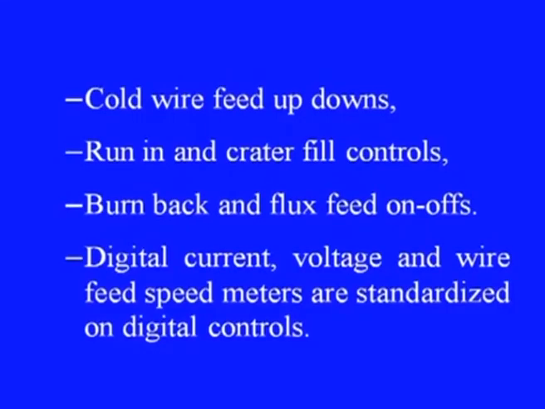Also cold wire feed up downs, run in and crater fill controls, burn back and flux feed on offs, digital current, voltage and wire feed speed meters are standardized on digital controls. These are some of the control aspects that we can obtain through the control unit.